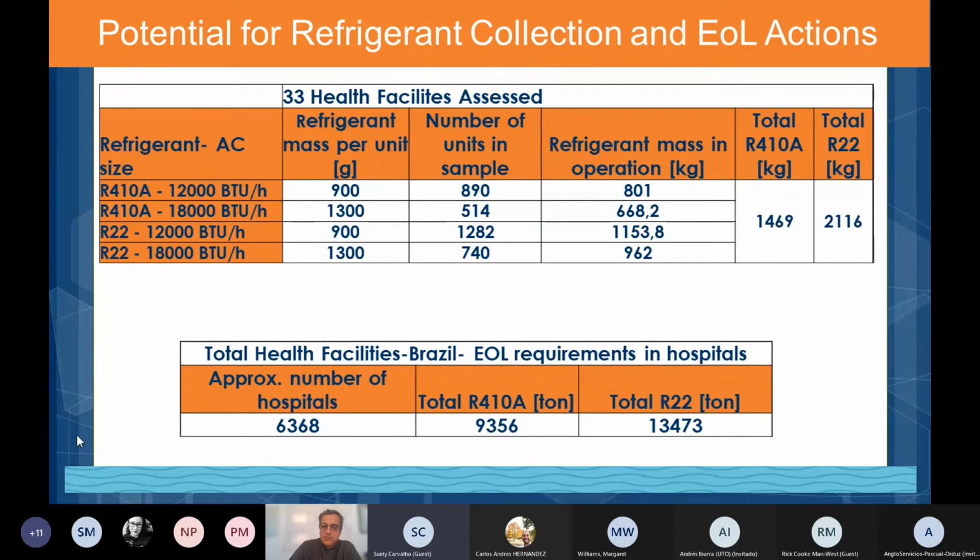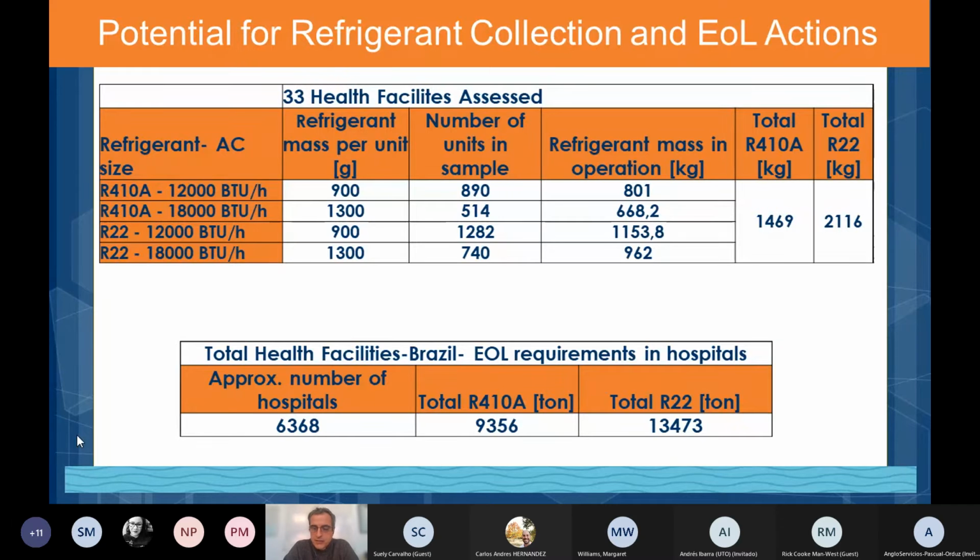Considering the number of mini splits in the hospitals that participate in the research and the amount of refrigerant in each equipment, the total amount of the gases reach 1.4 tons of R410A and more than 2 tons of R22.